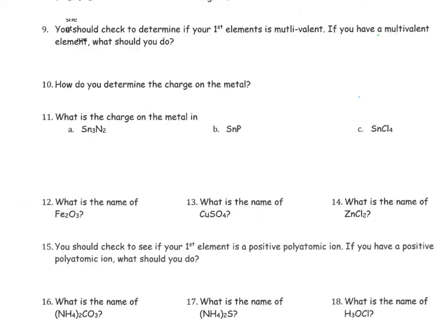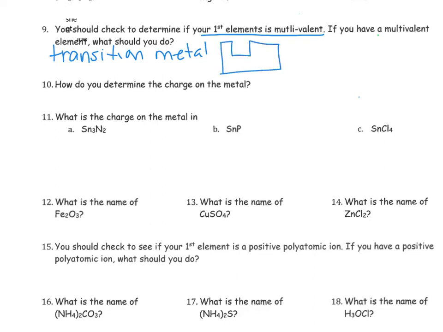So if it's multivalent, the first thing that you should check is if your first element is a transition metal. Alright, so basically, if it falls somewhere in here on your periodic table, then it's a transition metal, and it could be multivalent. It could have many different charges.